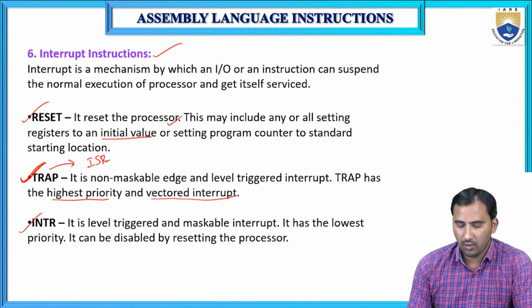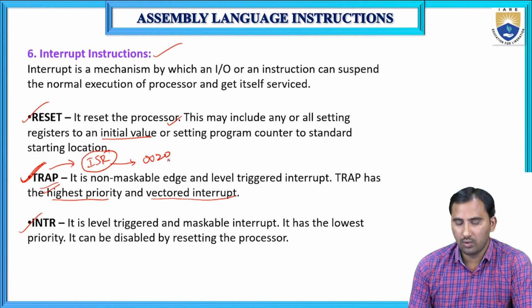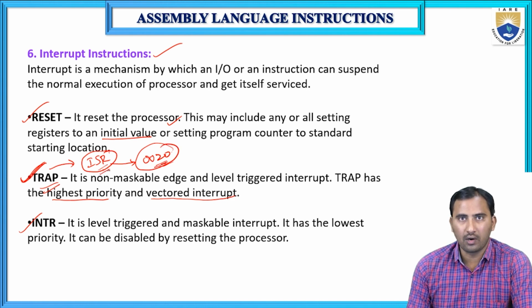The ISR program corresponding to the trap has some address, something like 0020. When the microprocessor goes to this location, there we have the ISR program. By executing this interrupt service routine program, the trap will be serviced.